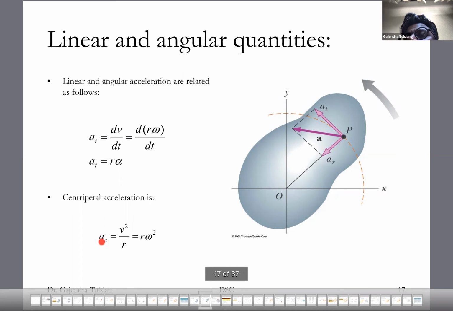And the radial acceleration, or also the centripetal acceleration, is v squared over r, which is r times omega squared. I'll show you how to get this. So the radial acceleration, or the centripetal acceleration, is v squared by r.